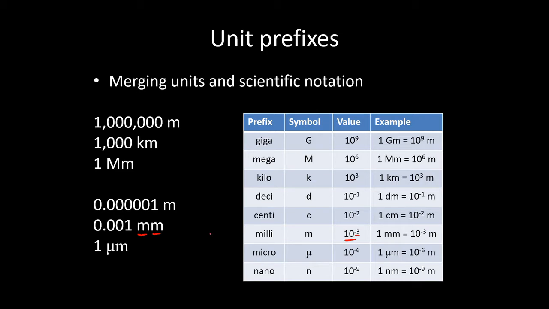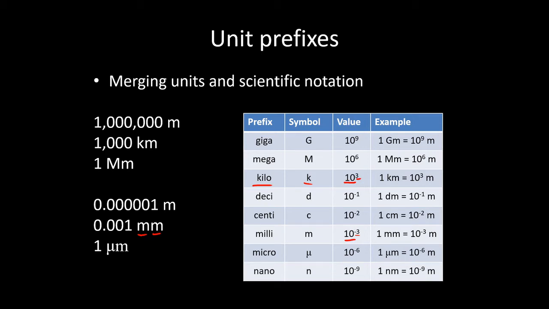In the same way, a kilometer, or kilometer, as we normally pronounce it, is 1,000 meters. A kilometer is 1,000 meters, in the same way that a kilogram is 1,000 grams. It's 10 to the third, positive 3, meters or grams or whatever the unit is.